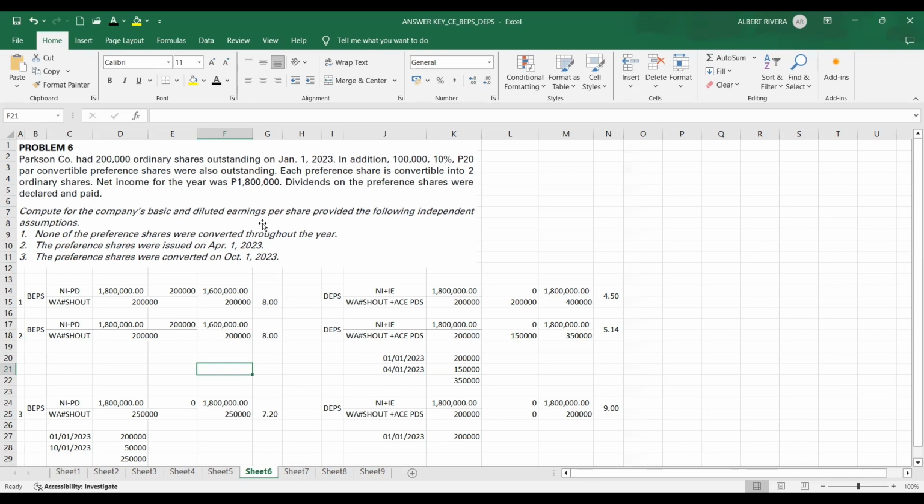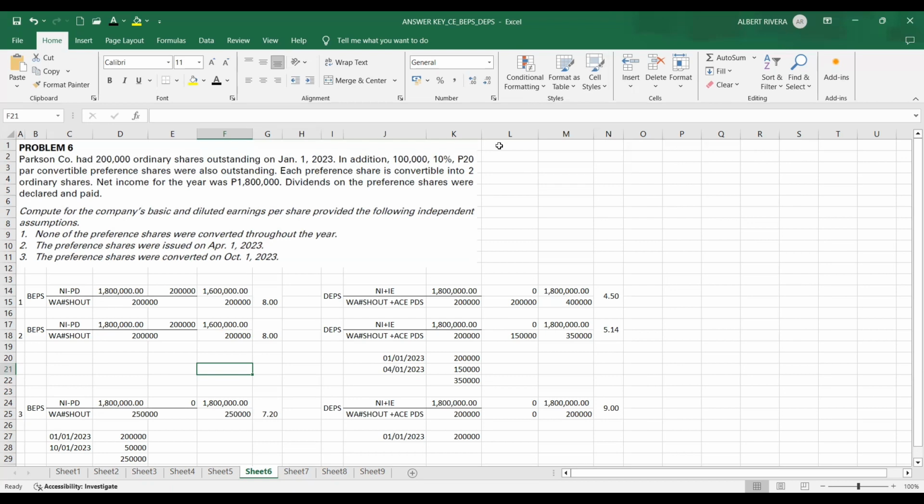In addition, 100,000 10% 20 par convertible preference shares were also outstanding. Each preference share is convertible into 2 ordinary shares. Net income for the year was 1.8 million. Dividends on the preference shares were declared and paid.